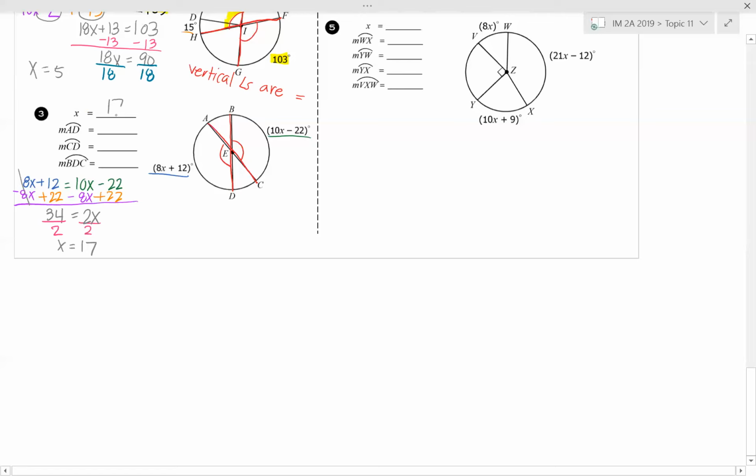So now what we're going to have to do is plug x into different pieces to figure out what these arcs are. Arc AD is the 8x plus 12, so I have to do 8 times 17 plus 12 to figure out the length of arc AD, and that's going to be 148 degrees.